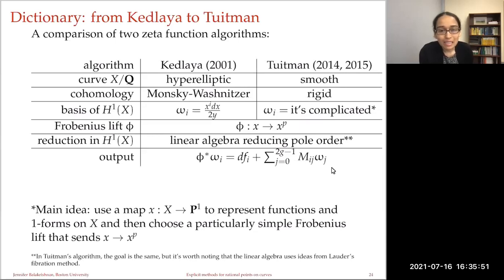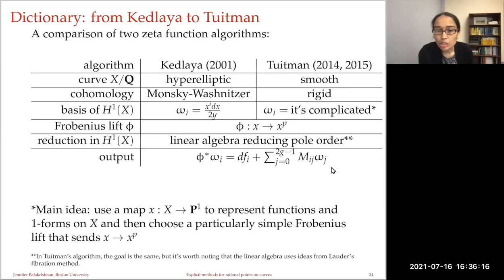The lift of Frobenius that you have is just the usual one where x goes to x^p, and then depending on what your model is, you can figure out what y has to be. So this is typically a Newton iteration to figure out what the corresponding lift on y looks like.